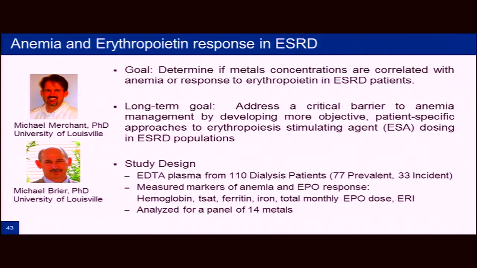We were interested in determining if metal concentrations were correlated with anemia or response to erythropoietin treatment, with the goal of developing more objective approaches to dosing ESA agents. So the study was in EDTA plasmas from 110 dialysis patients. 77 of them were prevalent, 33 incident, and we measured markers of anemia alongside a panel of 14 metals.